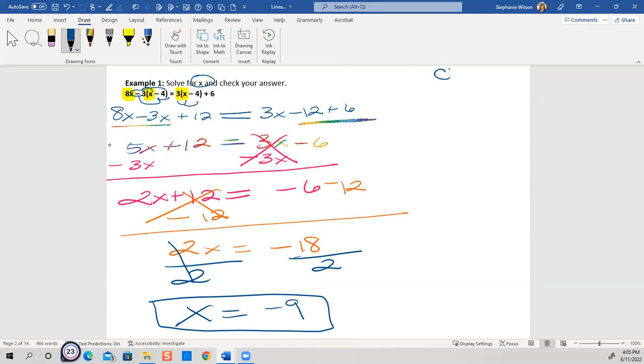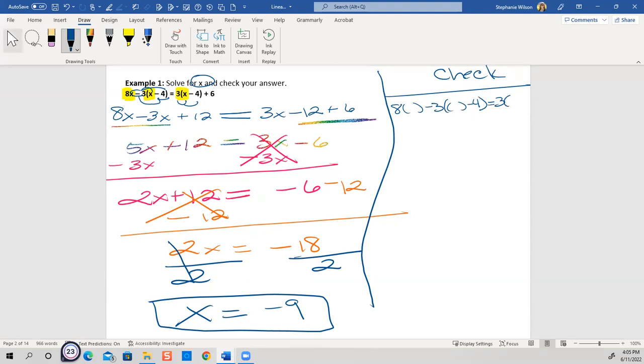So I'm going to come over here and check. And how am I going to check? Let me split my screen. I'm going to take my original, and everywhere I see x, I'm going to put that negative 9. So we want to see if one side of the equation equals the other. I didn't give myself enough room, so give me a second. Let me just clean this up a little bit, scoot it over more.